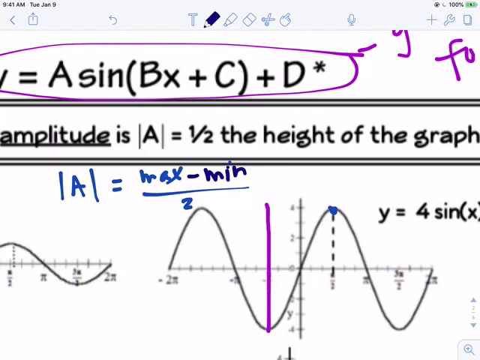It must be top minus bottom, because 4 minus negative 4 gives me 8 divided by 2, and you get 4. Okay, so my apologies.